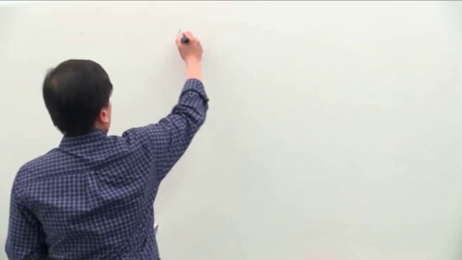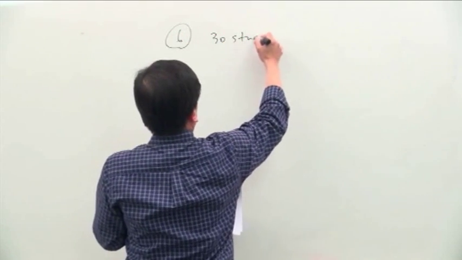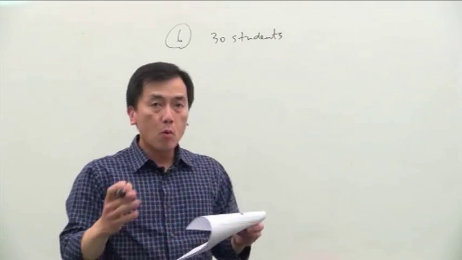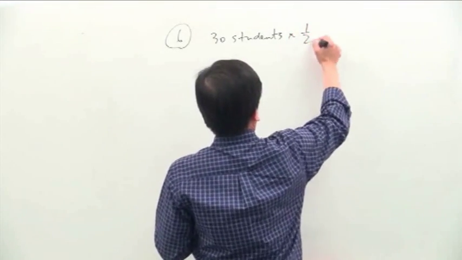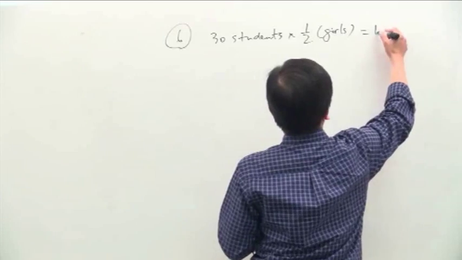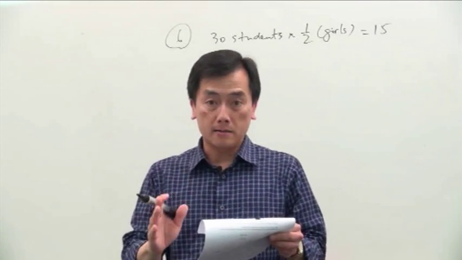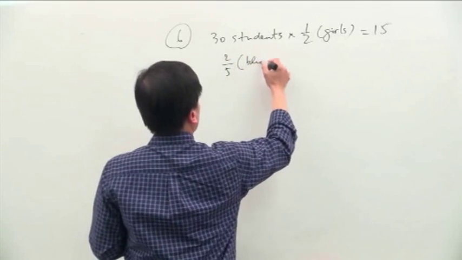Now, if there are 30 students in the class, and 1/2 are boys, so obviously the other half must be girls. So multiply by half, which are girls, so that's going to be 15 students. Now 2/5 of the girls have blue eyes.